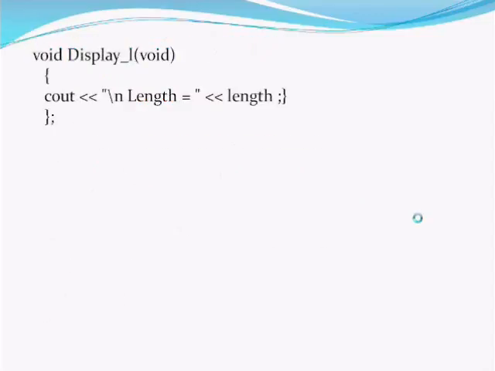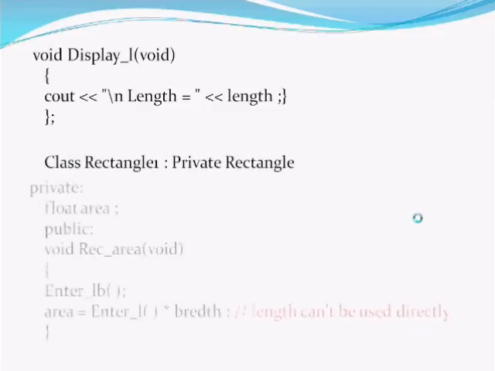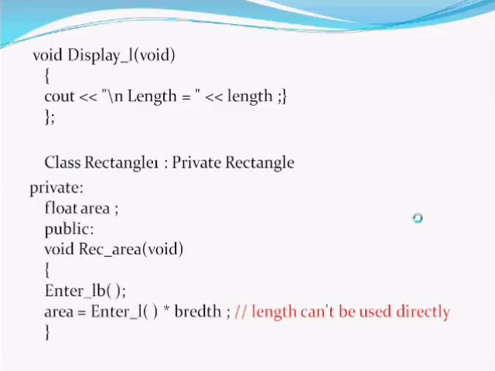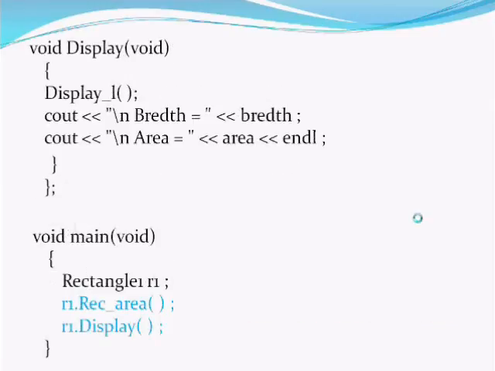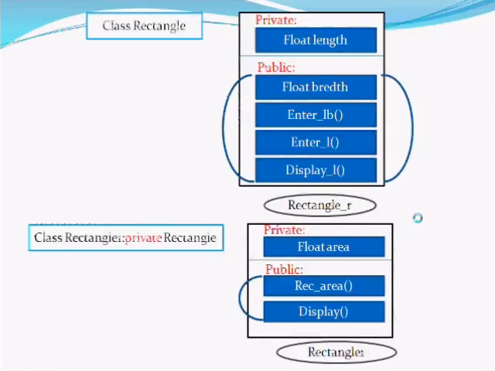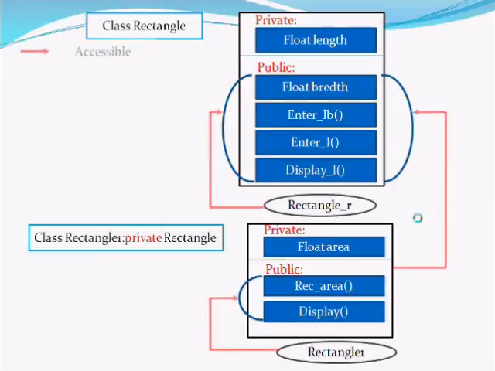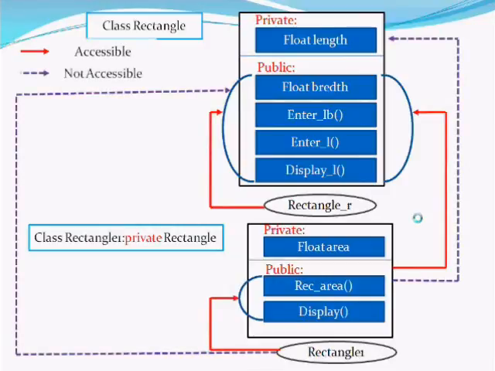Rectangle members become private for the derived class Rectangle1. This will not work as it has become private for the derived class. This will not work as it also has become private for the derived class. According to the coding in here, you can clearly identify which classes can access and which can't.